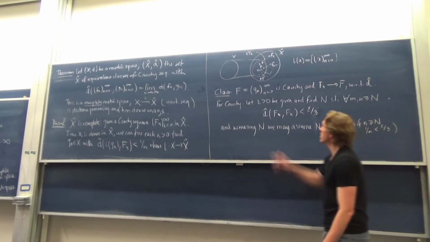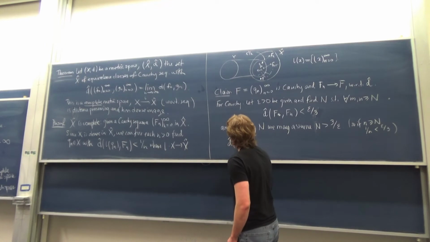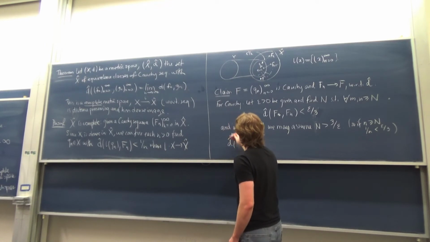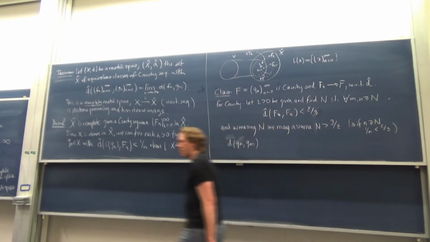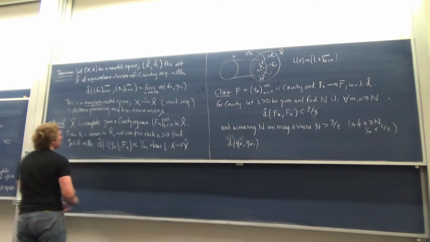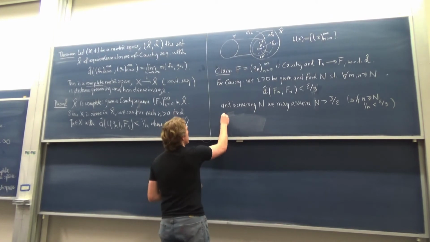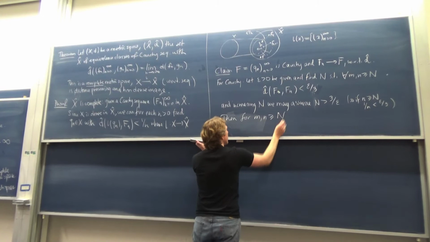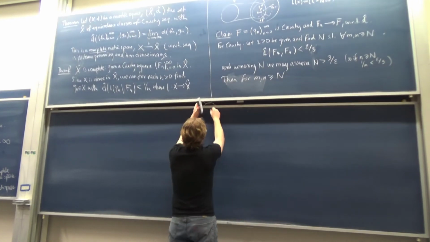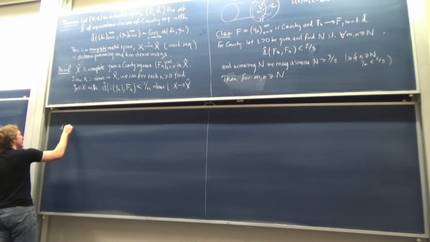So I'm trying to prove this is Cauchy. For all m and n greater than or equal to this capital N, I've got the distance between Qn and Qm.